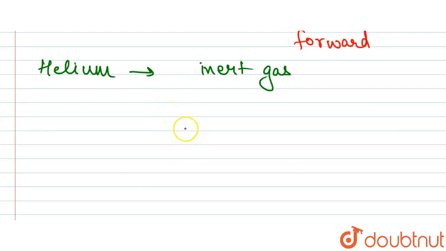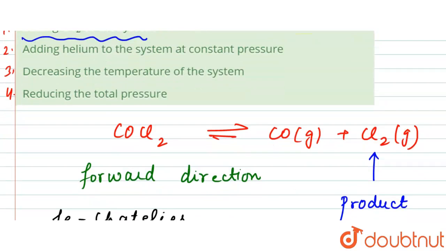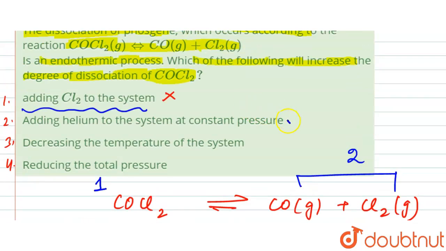Then the equilibrium shifts towards the larger number of moles. On this side we have 2 moles, here we have 1, so the equilibrium will shift in the forward direction. So this is correct.